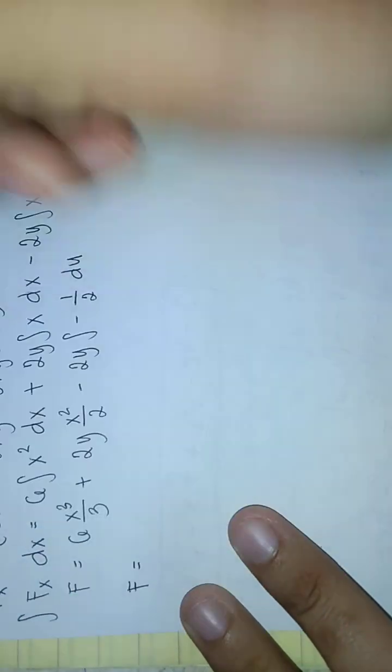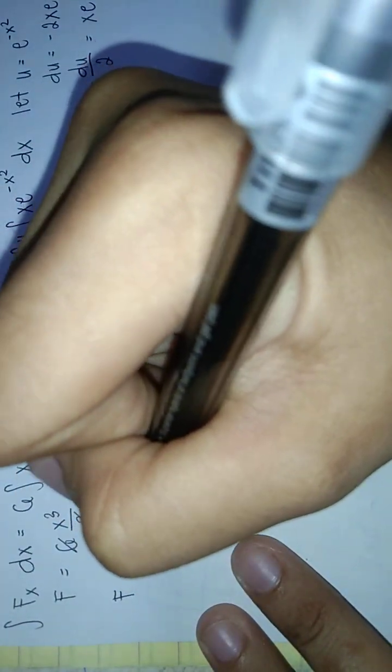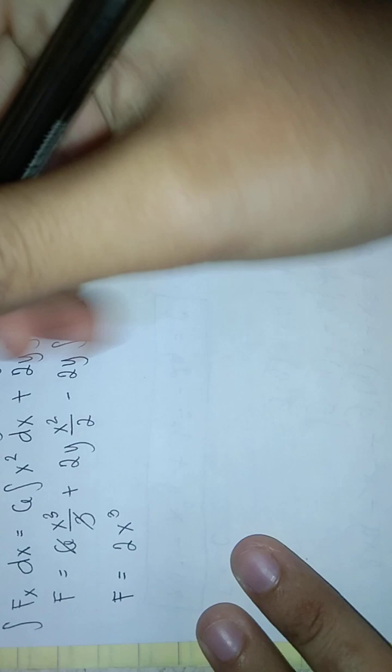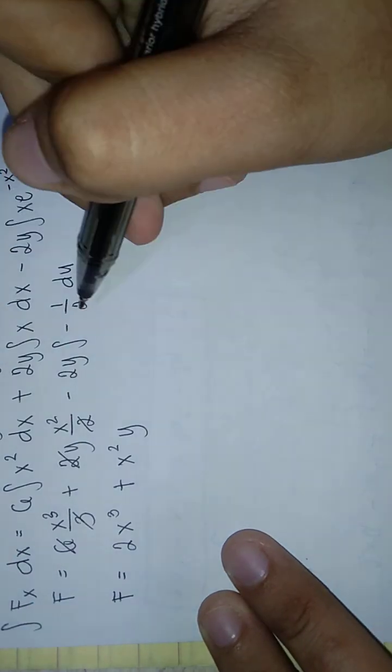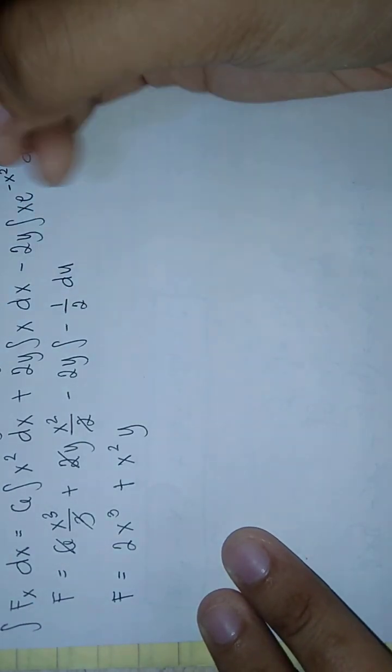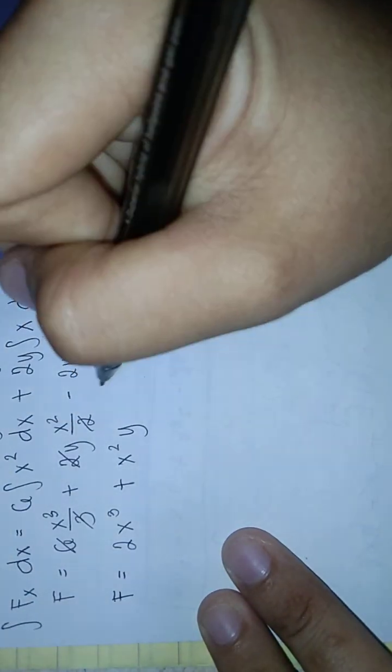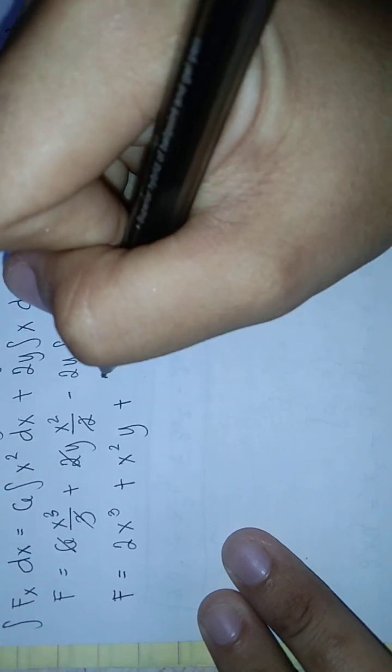Now let's simplify. Since negative 1 is a constant, we'll move that out, so this negative will become positive.